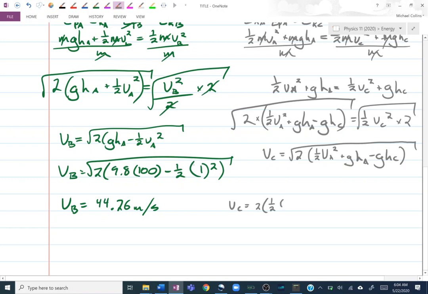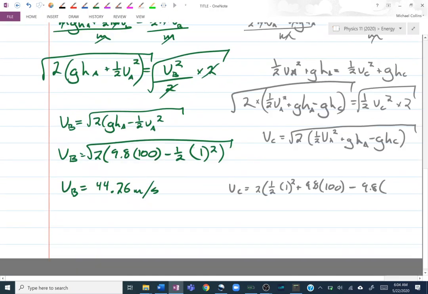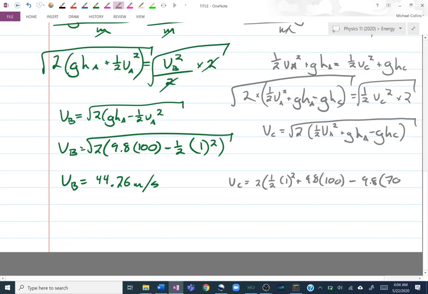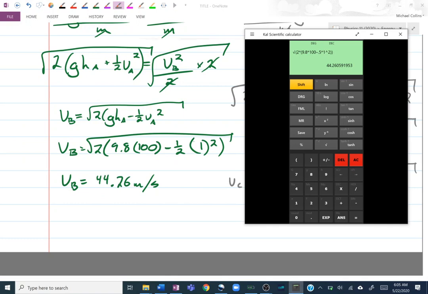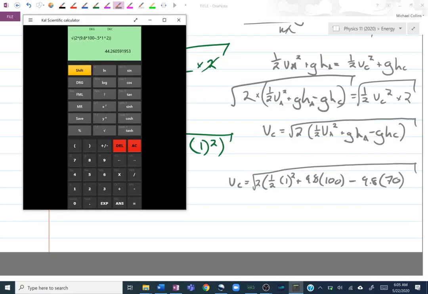My velocity at A is 1 squared plus g h, sorry, not a g or an h, 9.8 times 100 minus 9.8 times, is it 70? Sure is. 70. And the square root of that whole thing, I can pull out my calculator. If I had more practice with this calculator, it wouldn't take me as long. But let's see if I can do it all in one step.